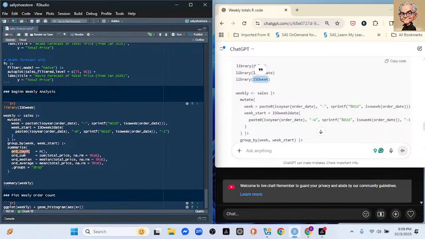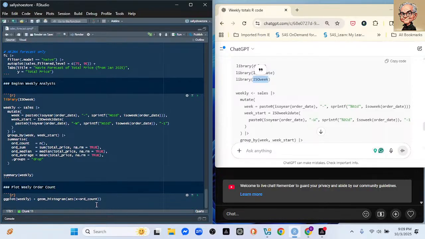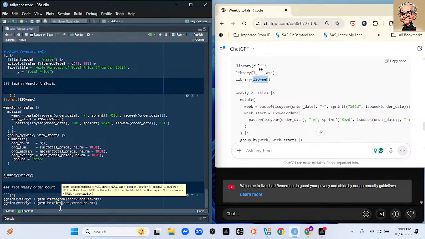Now because we're doing averages, order count, of course, is going to be an actual number. Order sum and median and average, of course, is going to be the average for the week. Okay. So let's just take a look here and see what we got.